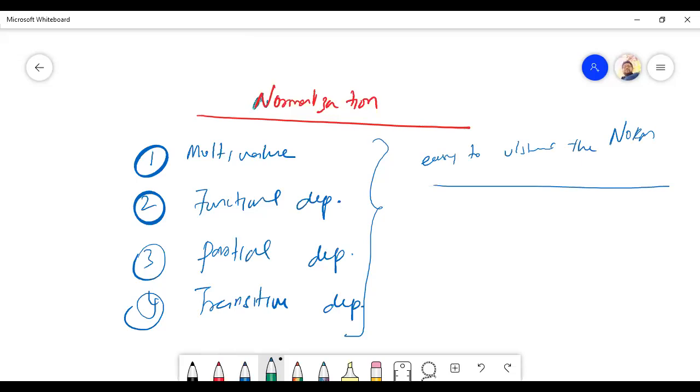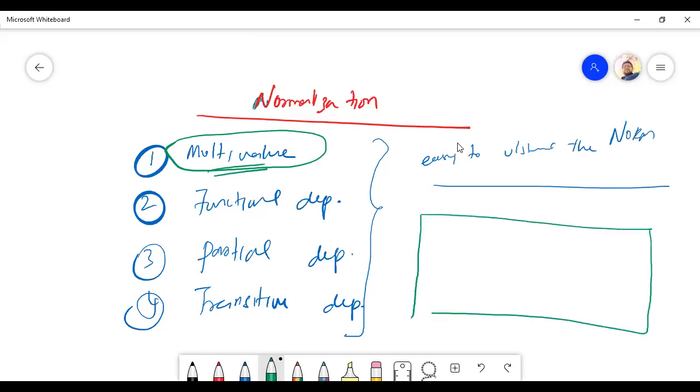The first one, I'm going to touch multi-value attribute. Multi-value, in the sense, take this table, then you will understand very easily.